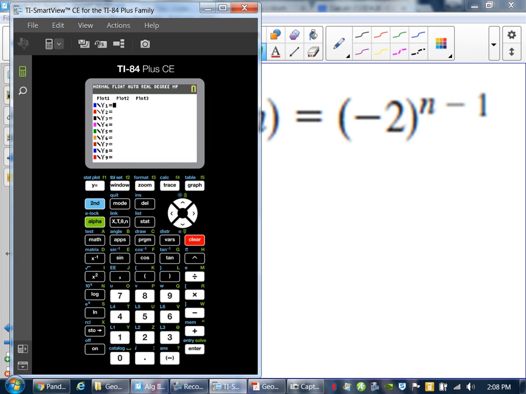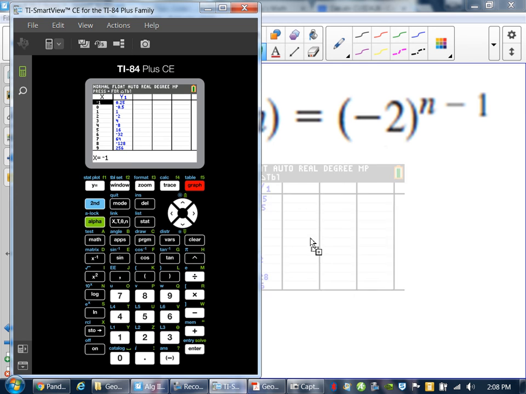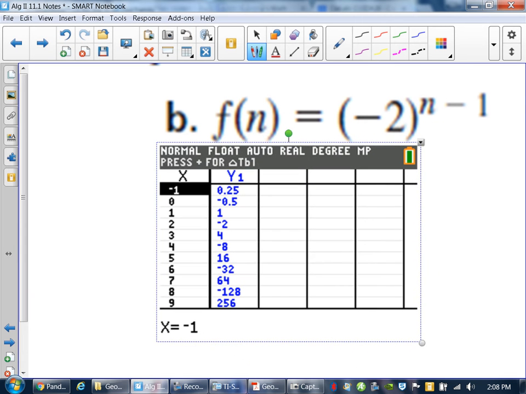First term of the sequence is when n equals 1. Second term is when n equals 2, and so on and so forth. So if I type in -2 parentheses to the x minus 1, I can look at my table right away, and it'll tell me the values. The first 6 terms are right here.